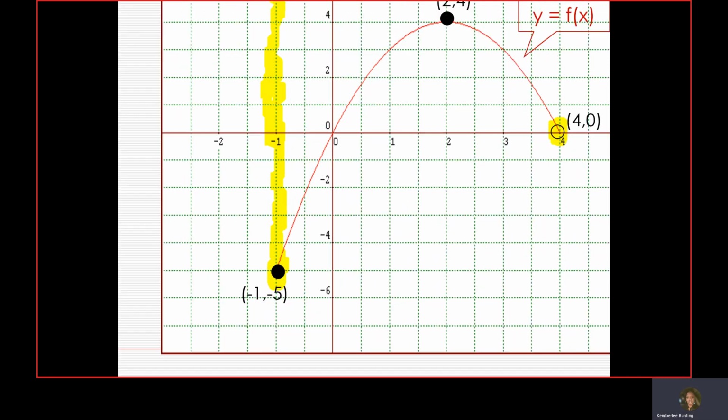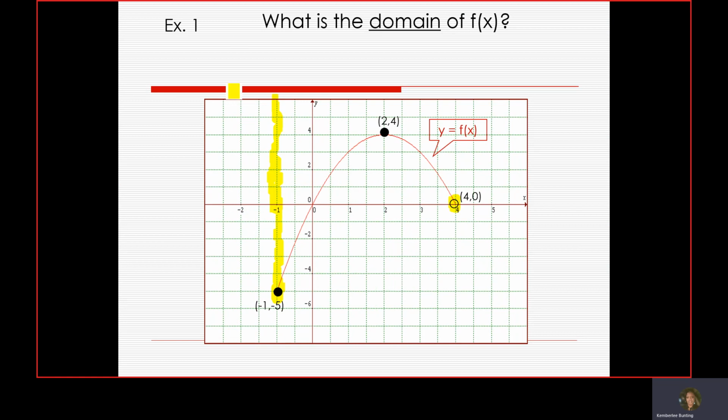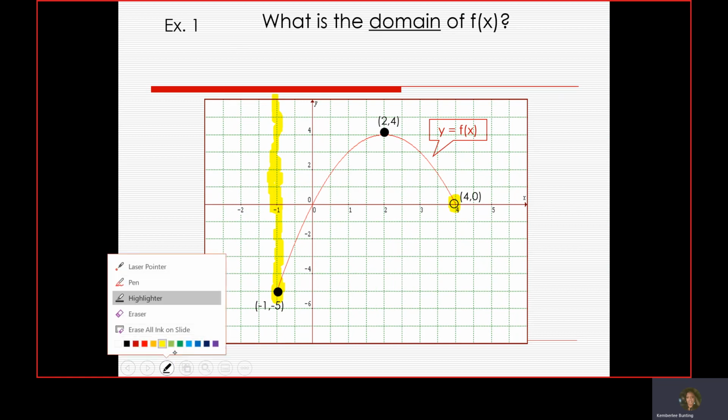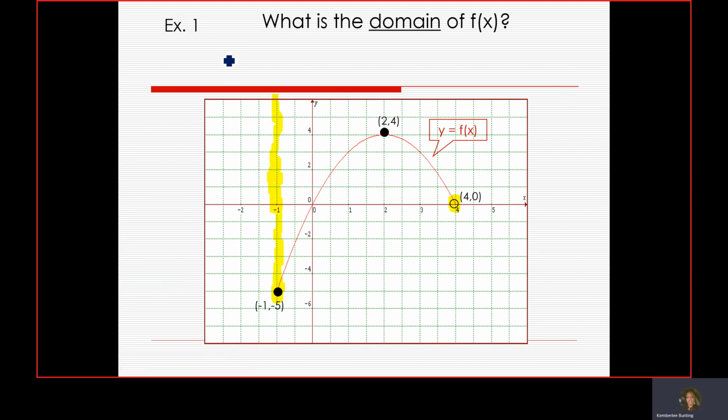So the first thing I'm going to write down, because I'm writing my domain as an interval, let me show you how to write it. On your paper, you're going to put domain, colon. The smallest x value on this graph is -1. And it goes from -1 all the way over to where?